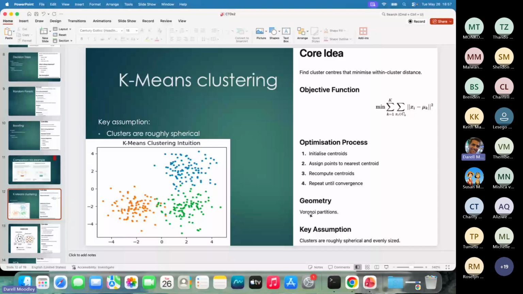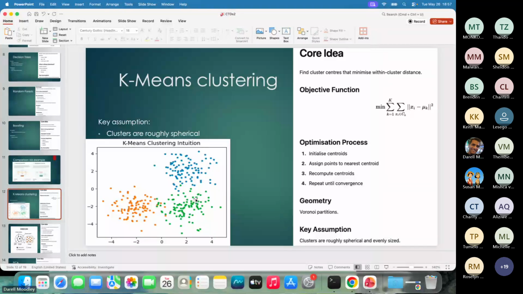Geometry, Voronoi. I don't think I can pronounce it, it's a Russian mathematician, Voronoi partitions. It does it basically using Voronoi partitions. If you just Google Voronoi image or diagram, you'll see that's what the image is.